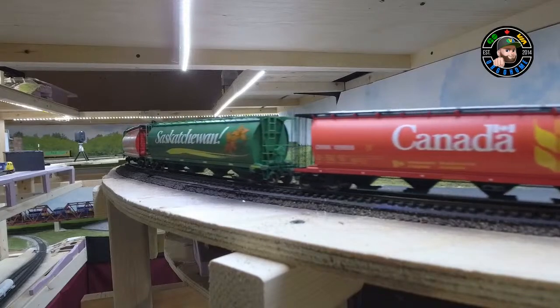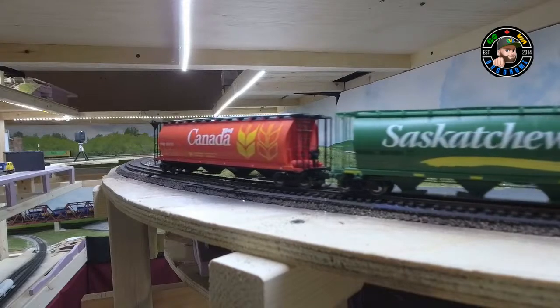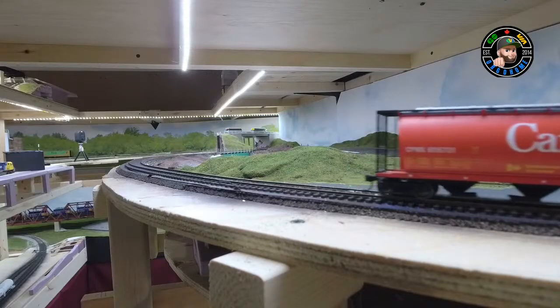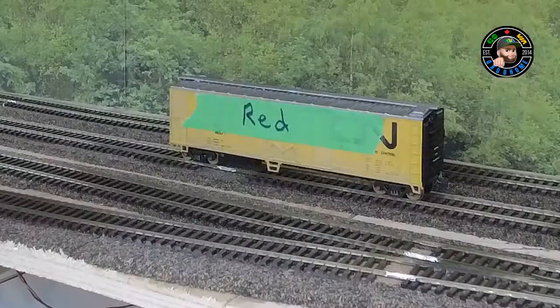Yeah, I've got a mix of grain cars there. You'll see some CP grain, CN grain, Saskatchewan, Alberta, you know, of relatively the same nature. And my CN boxcar. We're gonna catch this coming around here.